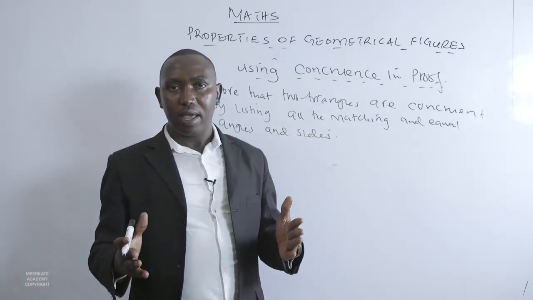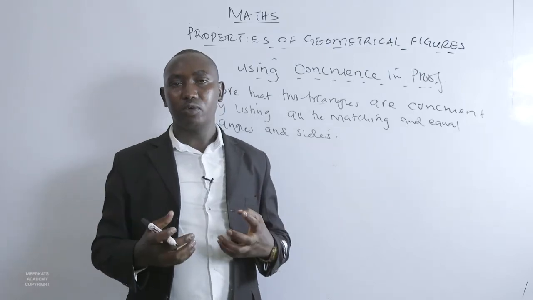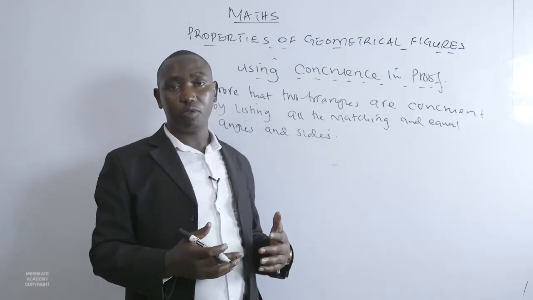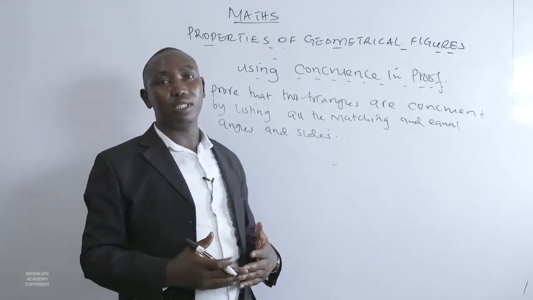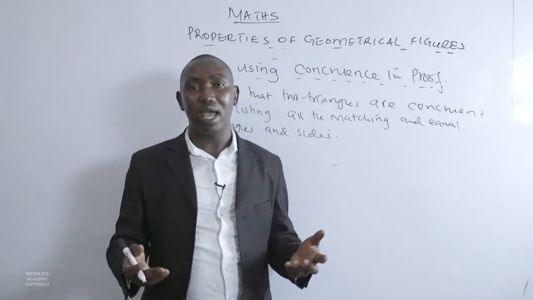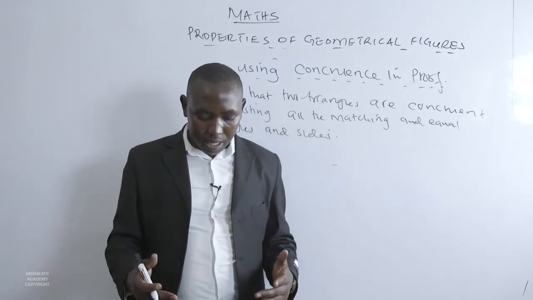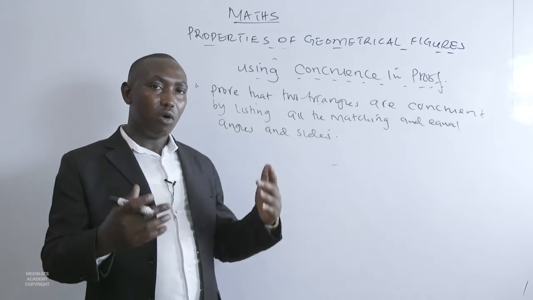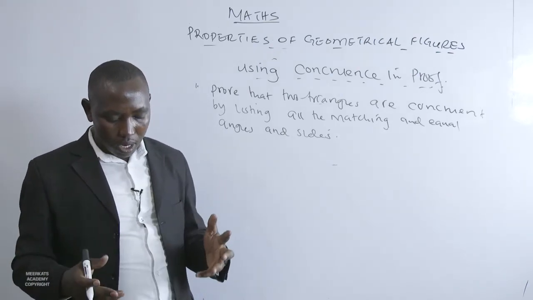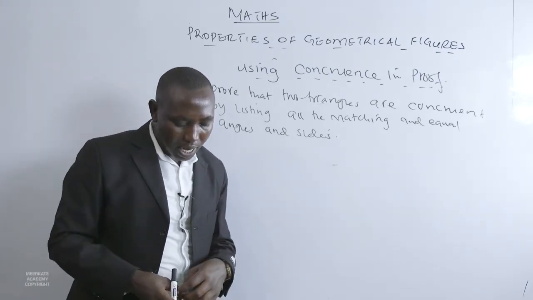So using the four tests that we learned in the previous subtopic, it can assist us in determining whether triangles are congruent or not. So the first thing to do is to list all those equal or matching angles and sides.